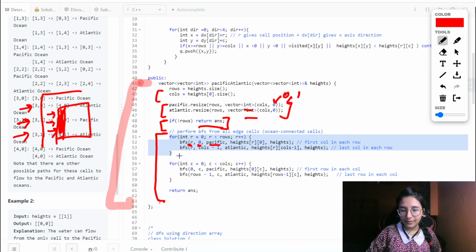And then I will be passing the Pacific, which will be acting as my visited array, basically a visited 2D data structure. And then I'm passing heights of R0, which will be acting as my previous height, because for checking whether it is increasing or decreasing, I require my previous height as well, right?